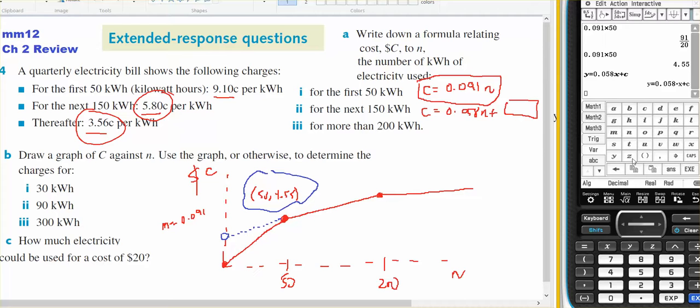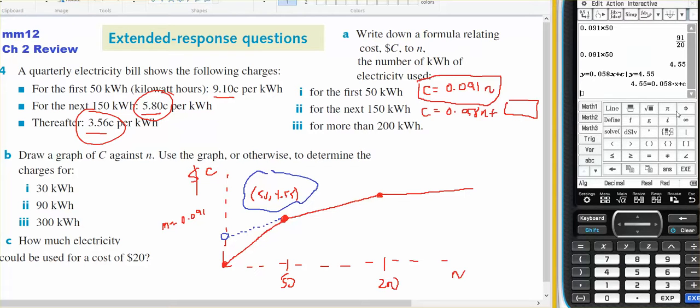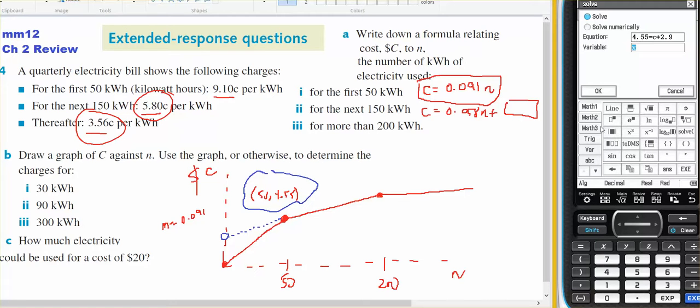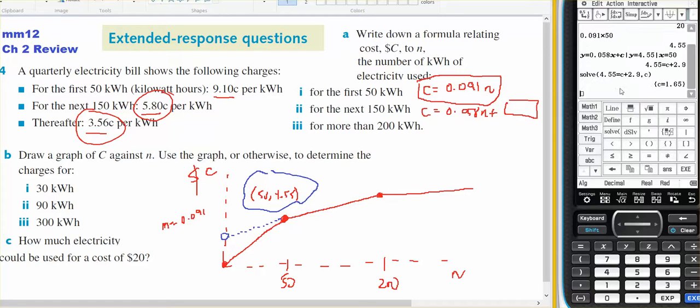And I'm going to say, given y equals 4.55, and also given x equals 50, that's going to give me, solve for c, c equals 1.65.